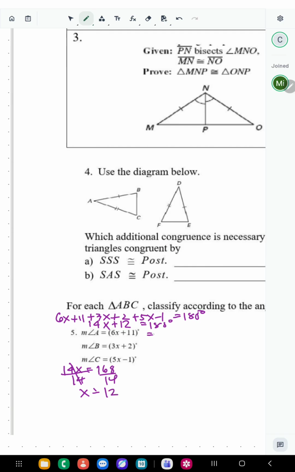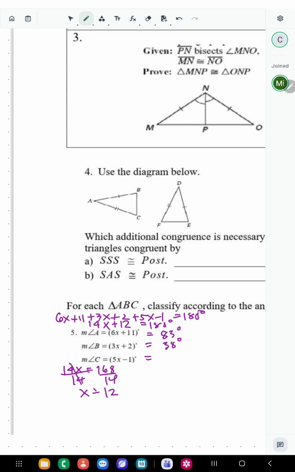Now we can solve for the angles. 6 times 12 plus 11, so this one is 83 degrees. This one is 12 times 3 plus 2, which is 38 degrees.